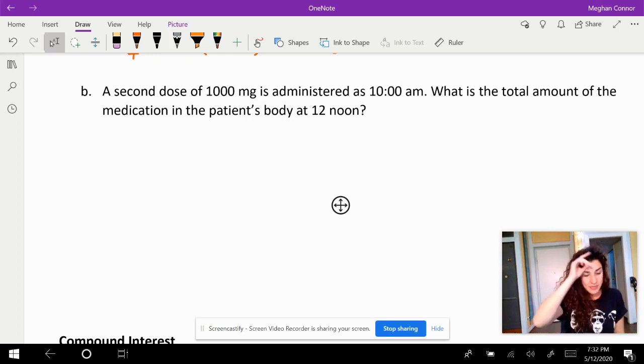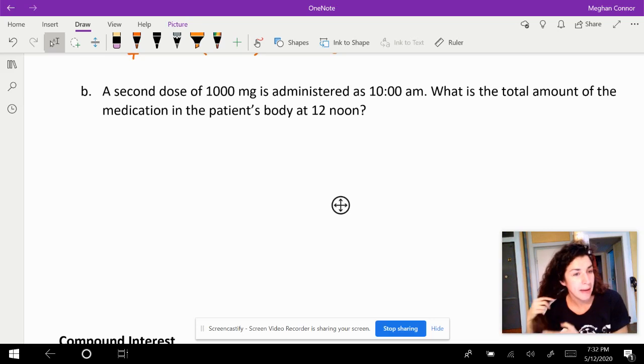Okay, a second dose of 1,000 milligrams is administered at 10 a.m. What is the total amount of the medication in the patient's body at 12 noon?